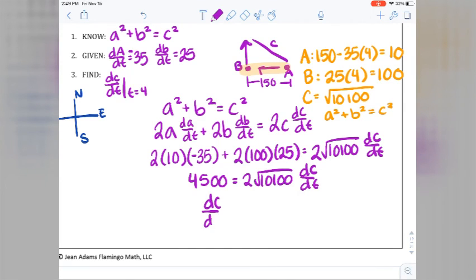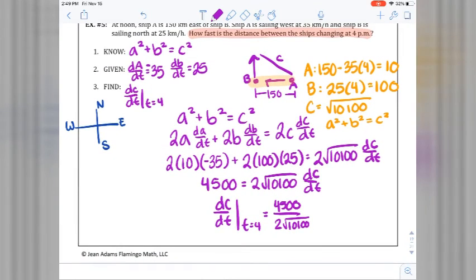So your dC/dt, that distance between the ships after 4 hours, is changing at a rate of 4,500 over 2 square root 10,100. And your units on that, okay, and since I broke out the calculator already, we might as well finish it since it looks nicer as a number. 22.388. And that's a distance, so kilometers, and it's changing per hour.